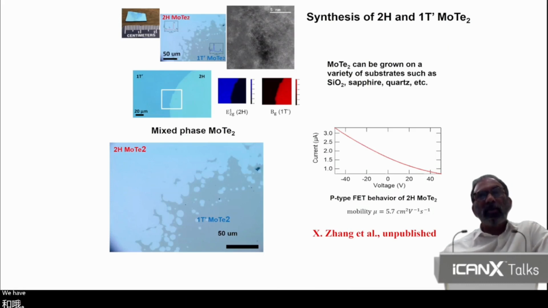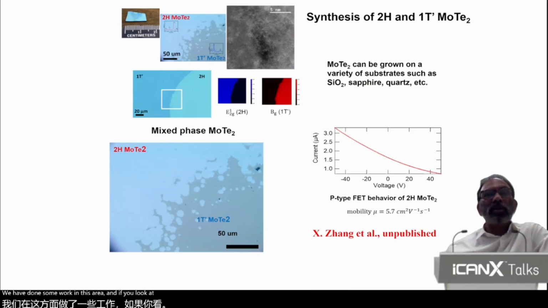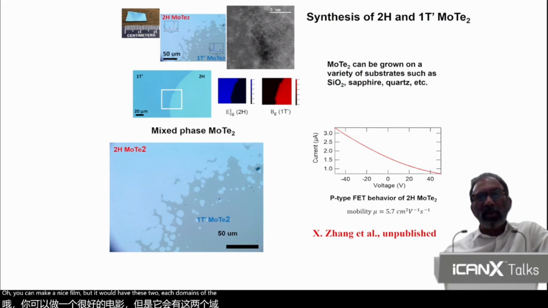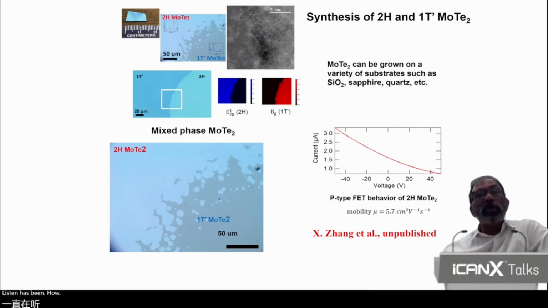We have done some work in this area, and if you look at the growth of these materials using CVD, you end up with a mixture of both the phases under normal conditions. So you can make a nice film, but it will have these 2H domains and the 1T prime domains, semiconducting and metallic domains. And the question has been, how can you controllably do this?